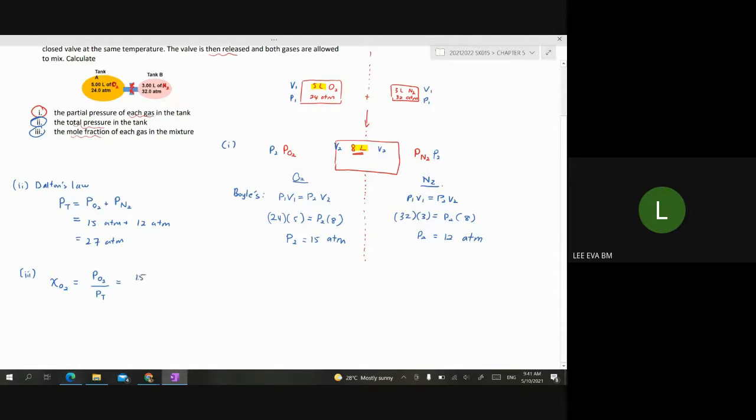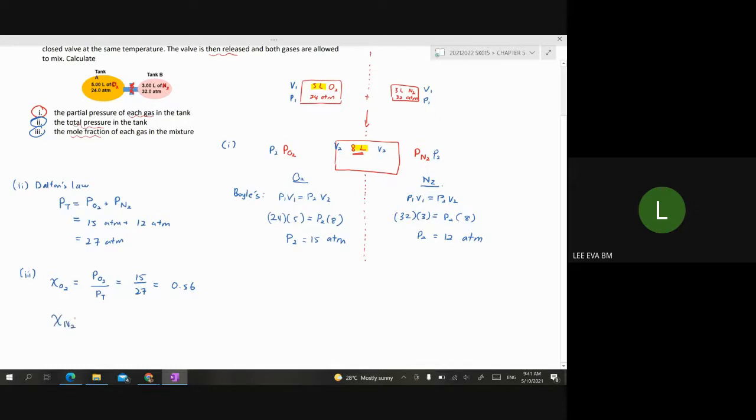So 15 over 27, which gives you the value of 0.56. Any unit? No, there is no unit. Okay, mole fraction has no unit.